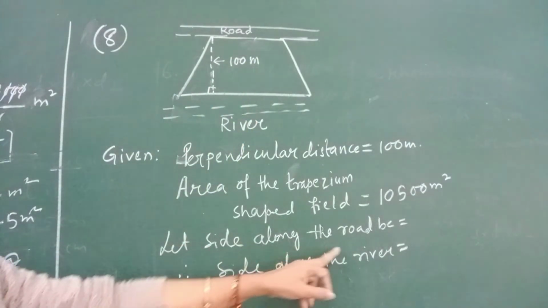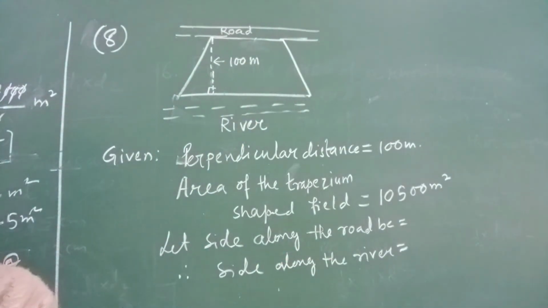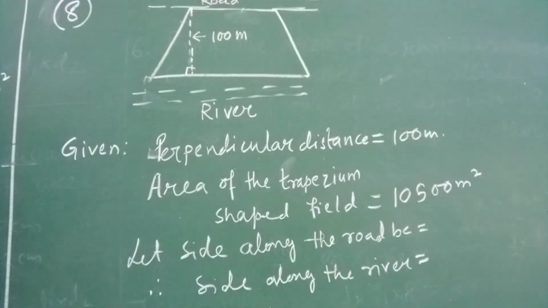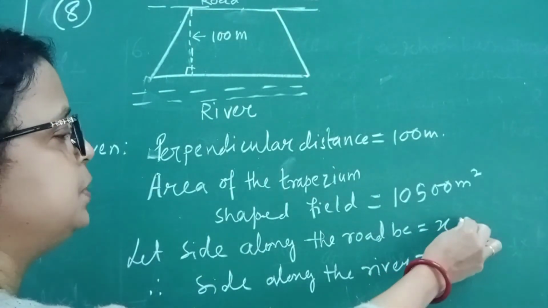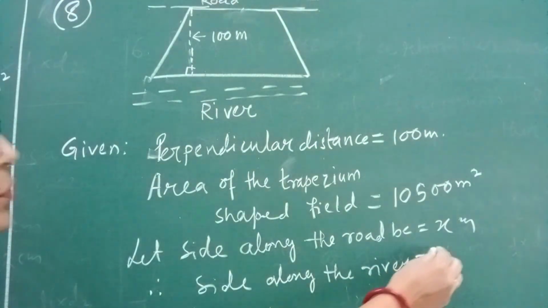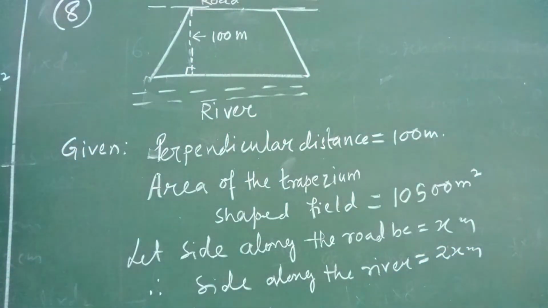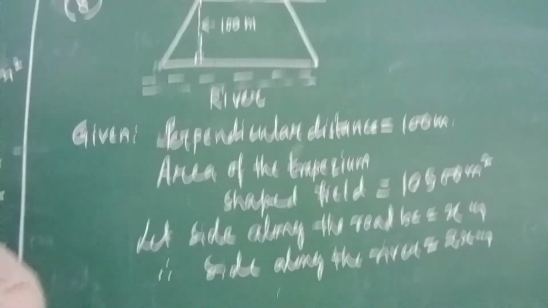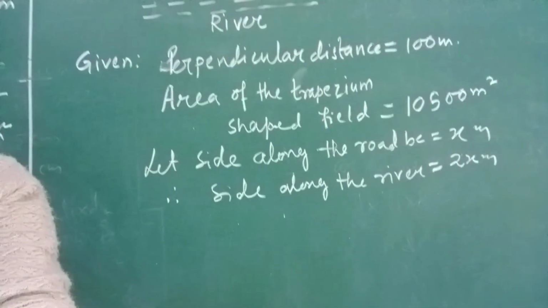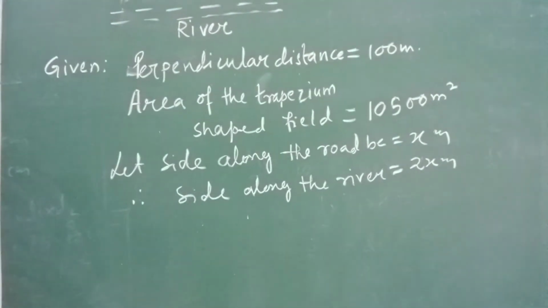So let the side along the road be x meter. Therefore the side along the river will be 2 times that length, 2x meter. Now you have to find the length of that side.